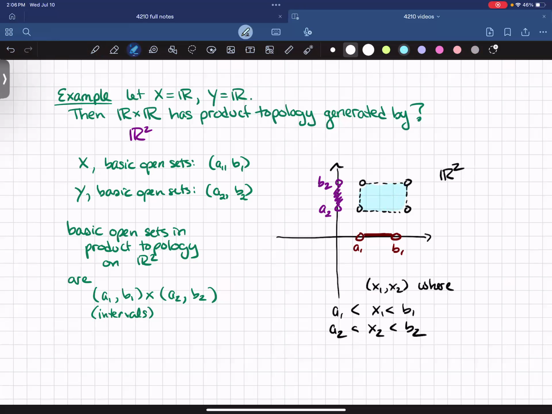Okay, so the basic open sets in the product topology on R2 would be open rectangles. Just to check, each point in this open rectangle, if I look at its first coordinate, falls between A1 and B1, and its second coordinate falls between A2 and B2.